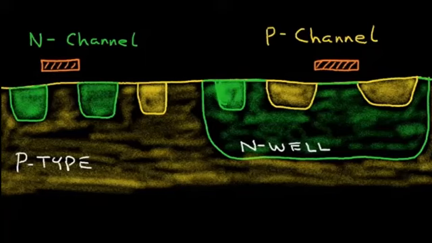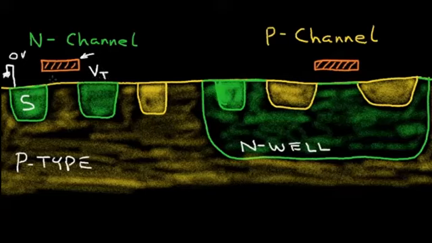So if we have the source voltage, say we set it to ground. This is my ground symbol, or 0 volts. And we increase the gate voltage. Say we increase the gate voltage by a certain voltage we call V threshold.